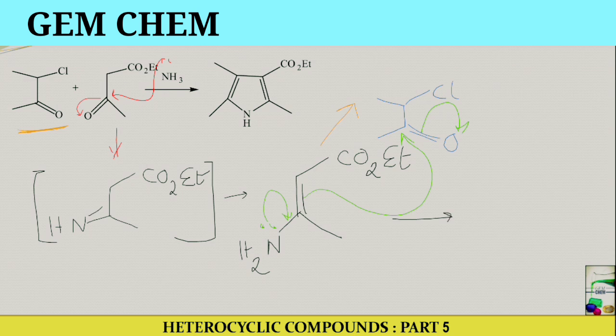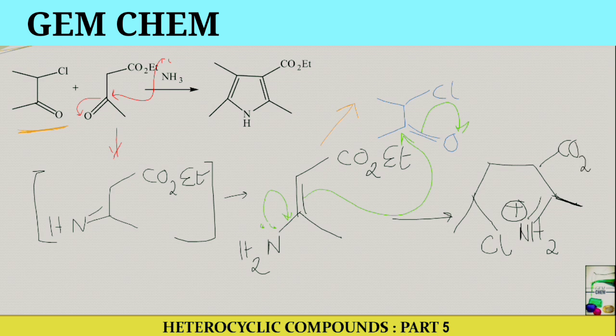We have this framework with methyl and Cl, the double bond NH2 plus, a methyl group, here CO2Et, here O minus, and here a methyl group.